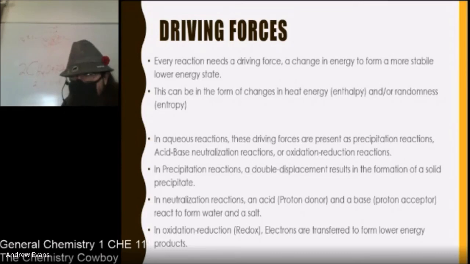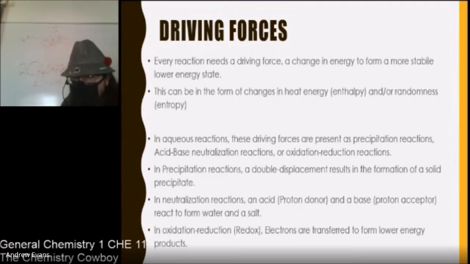All these reactions will have some force that changes energy to form a more stable state. Take the car on the hill. Maybe it's up on blocks, so it's not moving. You give it a push off that block, releasing the wheel, and suddenly the car starts rolling down until it gets to the low point in the ground, and it stops.